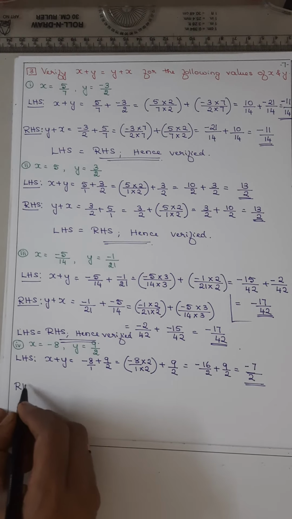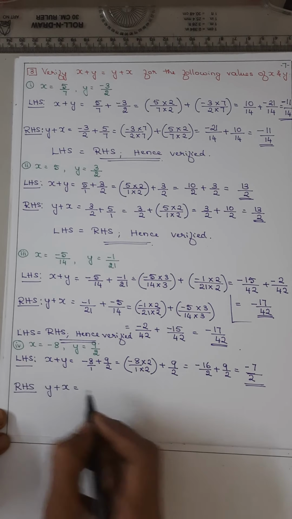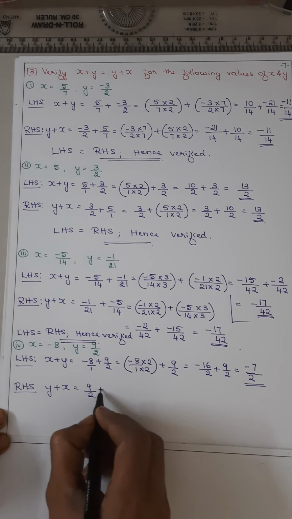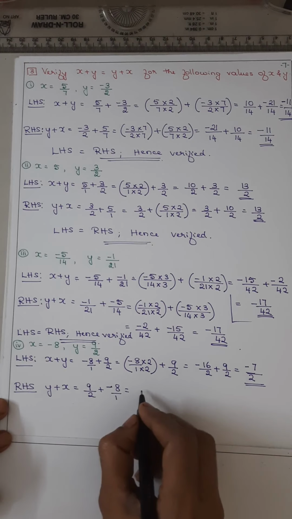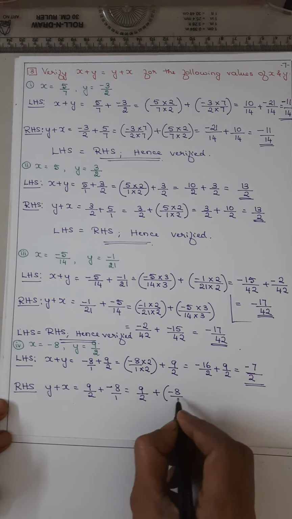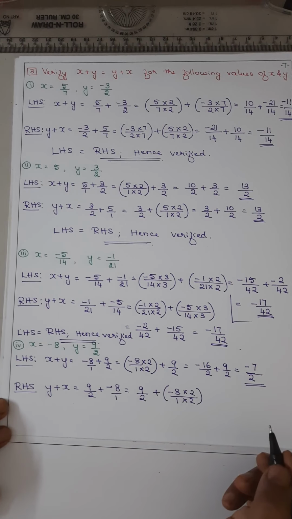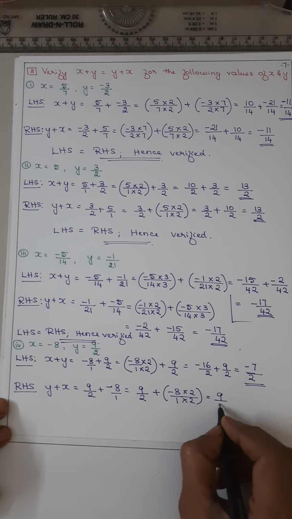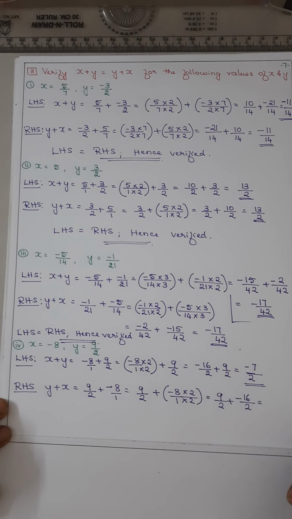Now RHS, it is y plus x. It is 9 by 2 plus minus 8. मतलब denominator 1. So 2 is the LCM, 9 by 2 as it is. Now minus 8 by 1 convert into the denominator 2. So multiply by 2. So it becomes 9 by 2 plus minus 16 by 2. Now denominator is 2.